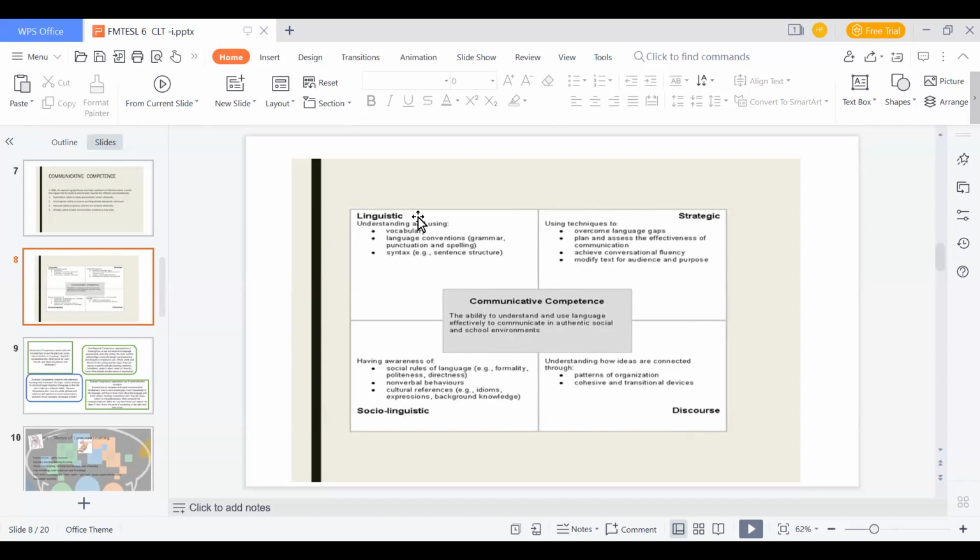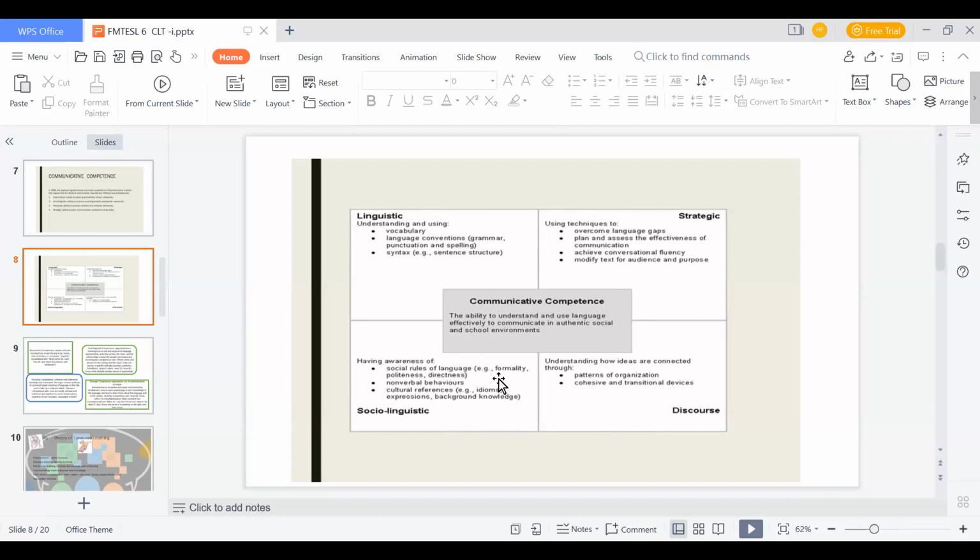We teach them vocabulary, language, grammar, conventions and structures. But if you want to bridge that gap between knowledge and performance, you have to think not only of linguistic or grammatical competence, you have to think of the other three competencies as well. So let's see what the other three are now.